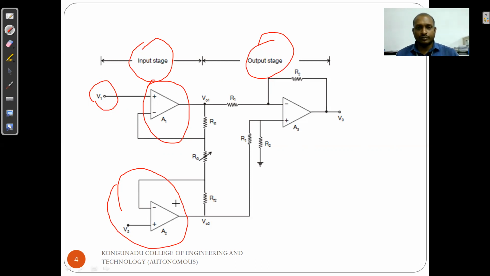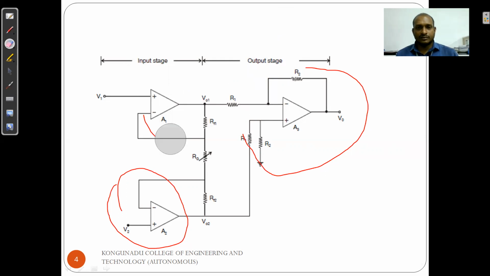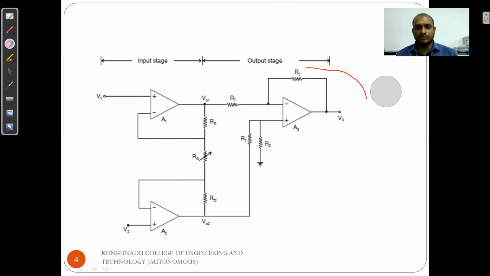These two non-inverting amplifiers form the input stage. The output stage is normally a differential amplifier. The outputs of A1 and A2 are given as inputs to A3. So finally we get the differential output. So this is the 3-op-amp based circuit.